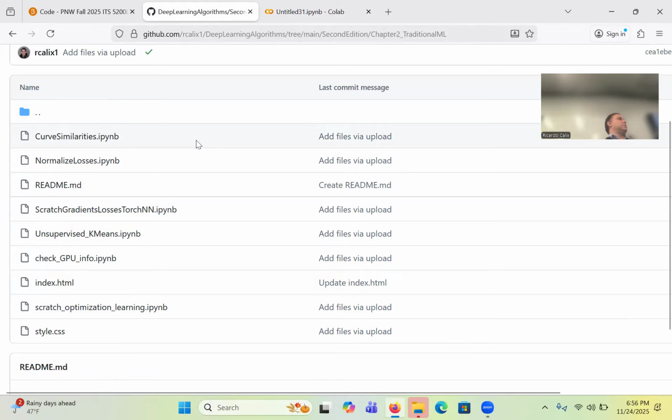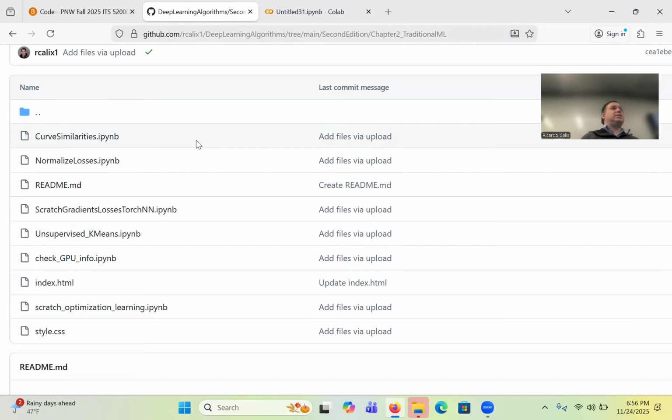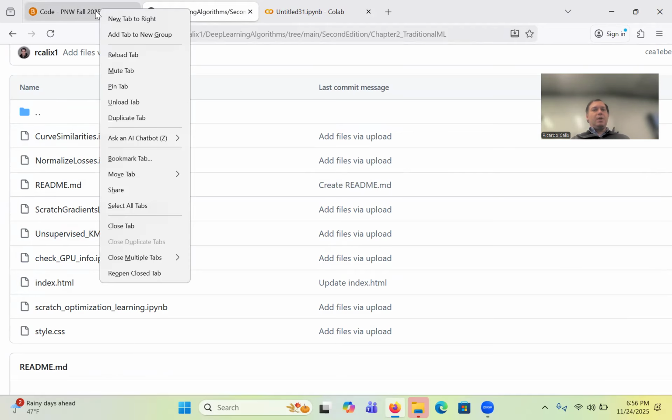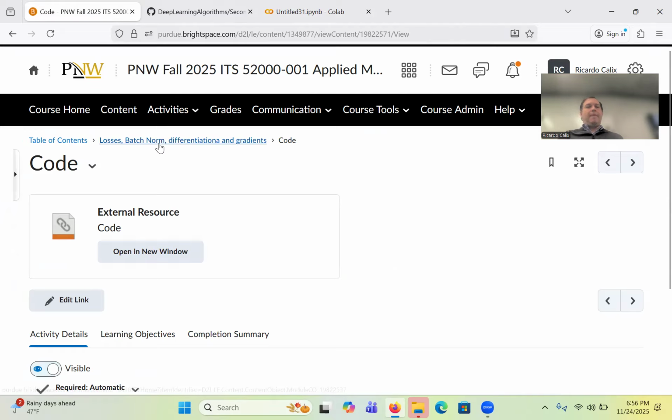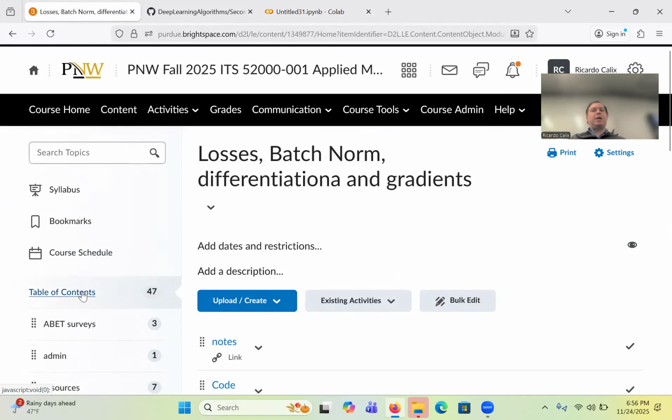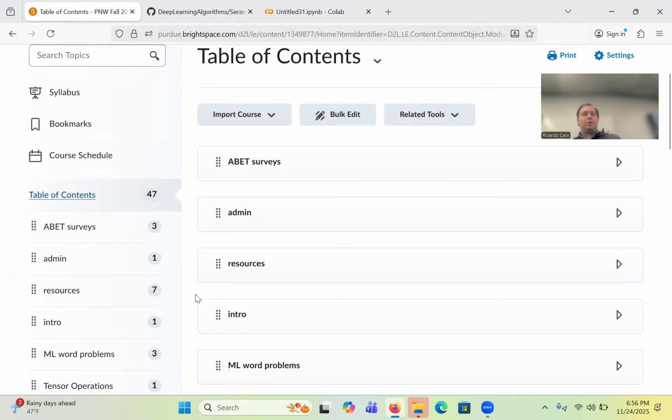So now what I'm going to do is I have a set of slides, right? And I'm just going to wrap up everything related to this topic of neural networks optimization, and that's essentially it. So let's go to the table of contents.